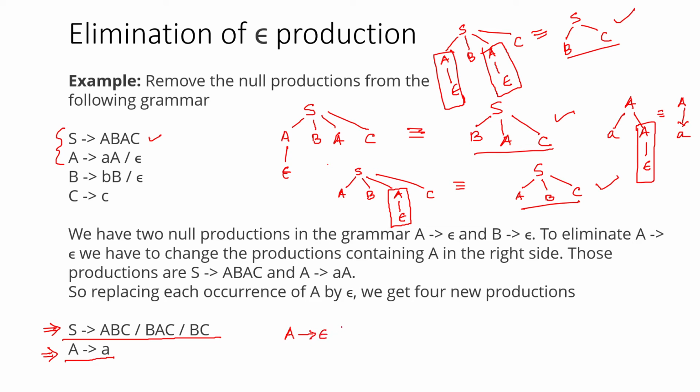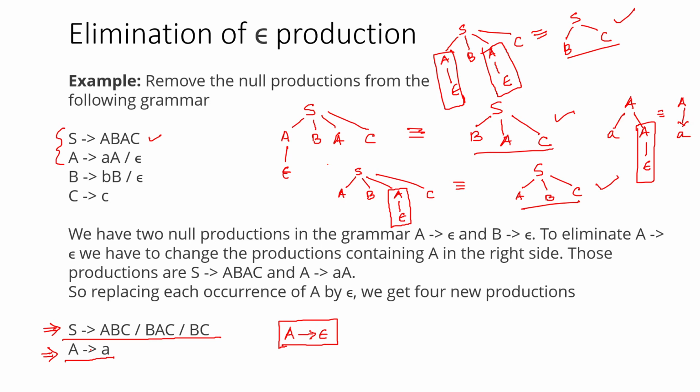That means in the modified production rules of this grammar, there will be no occurrence of A to epsilon, because if A is written to epsilon, then the effect that we can have, we have already expressed in the modified form of S and A. Got it?